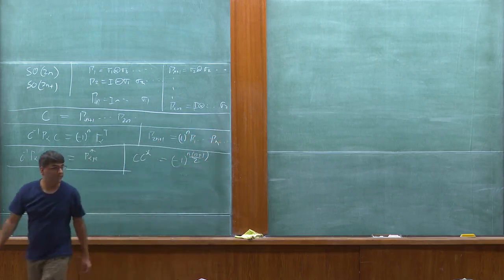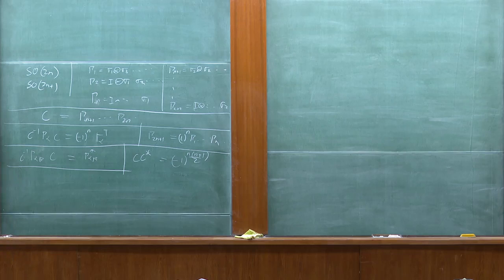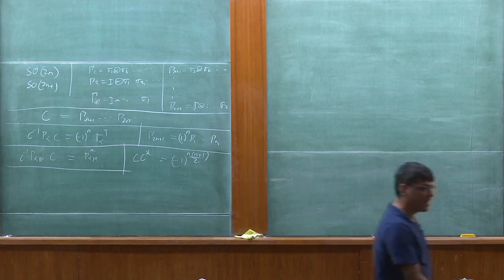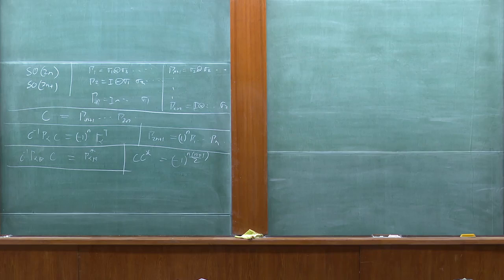This gamma alpha beta star is also minus gamma alpha beta transpose, right? Because gammas are Hermitian, but gamma alpha beta is anti-Hermitian because of the extra commutator. Why write it differently for one-index gamma?